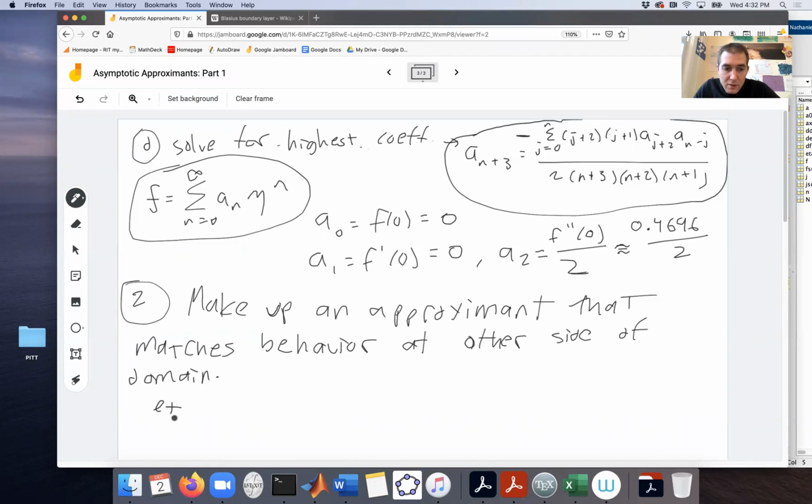So for the example here, we know that f prime of infinity is 1.